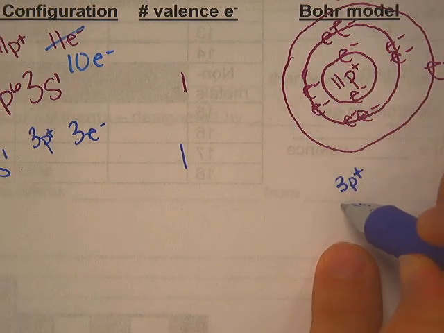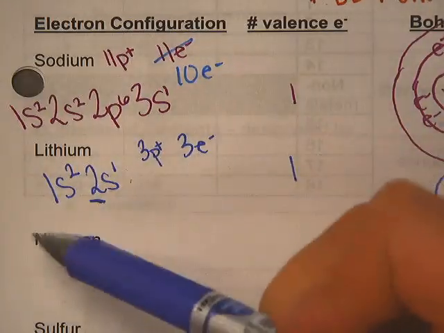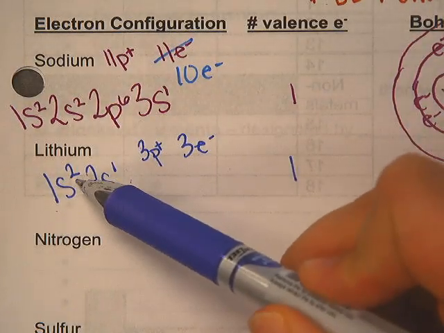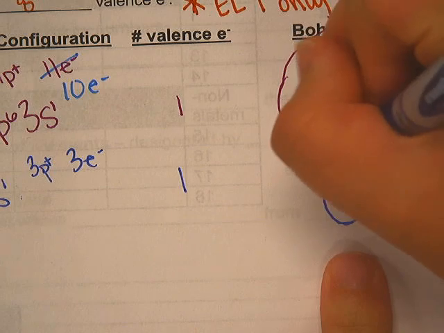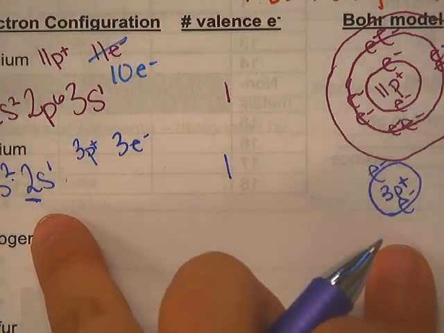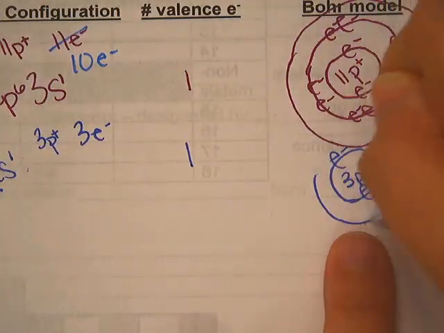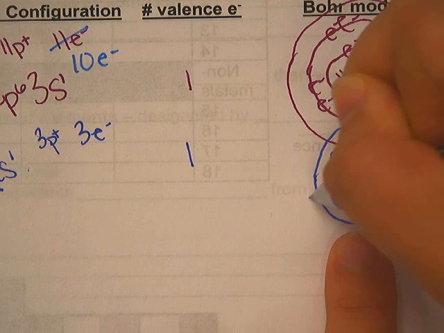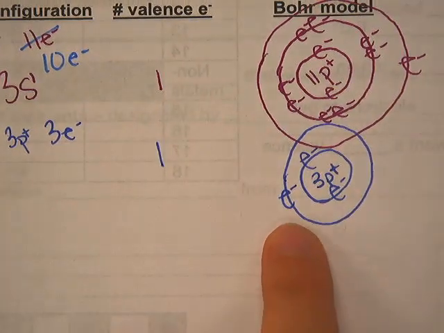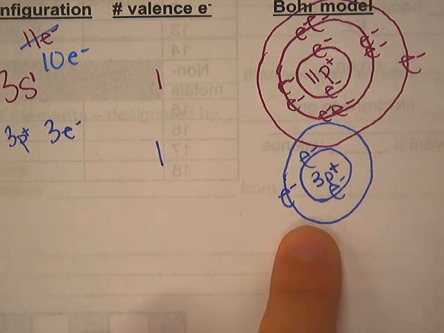And then in our first energy level, the energy level closest to the nucleus, energy level 1 has 2 electrons for lithium. So electron here, an electron there. And then our second energy level 2, has just 1 electron. And in this case, that is our valence shell. So that also corresponds to that valence electron number, is that there's only 1 electron in the furthest shell from the nucleus.